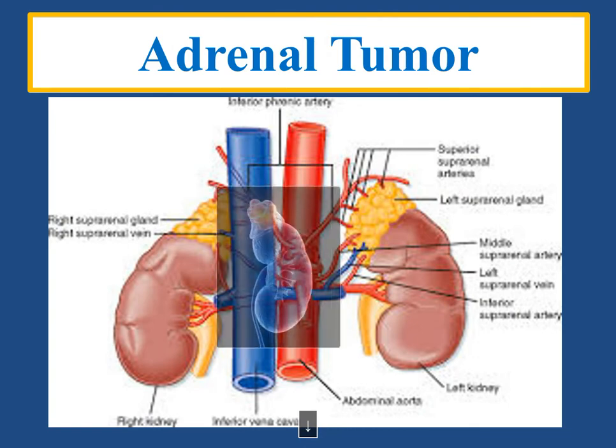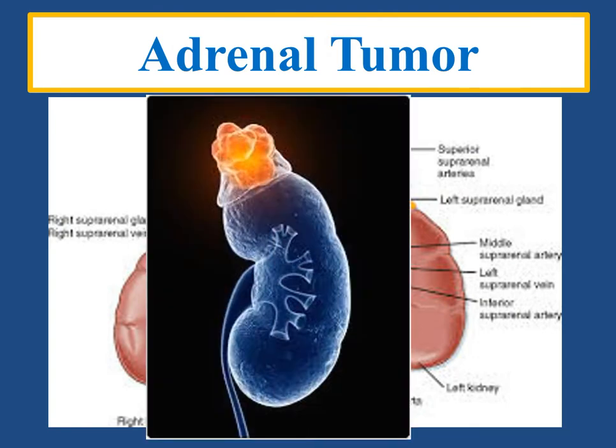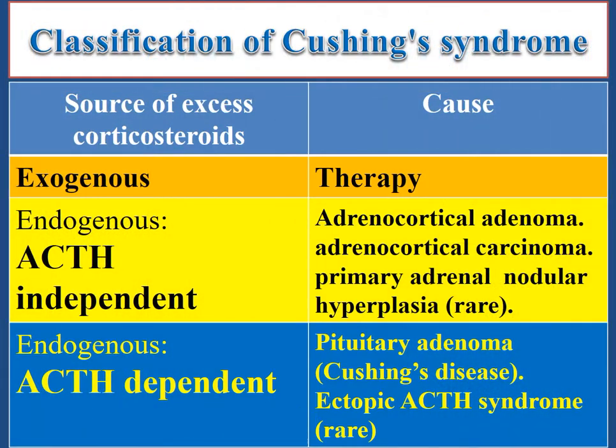Here we can see the picture with the tumor of the adrenal gland. Another form is the ACTH-dependent. So among endogenous hypercortisolism, the first was ACTH-independent, and the last ACTH-dependent.